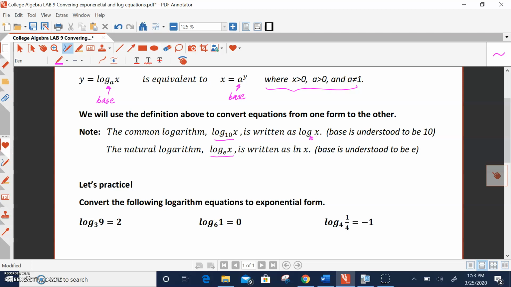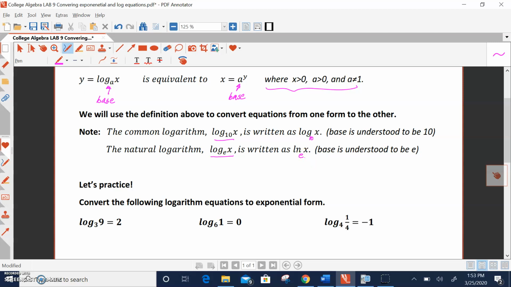And anytime you see the ln x or ln of any argument, I suggest that you write the e just so you can get familiar with what that ln represents, what its base actually is. So when I see a log with no base, I'm going to write in a 10. When I see an ln, there's no base, I'm going to write in an e. That's going to prove to be helpful as you're working in chapter 5.